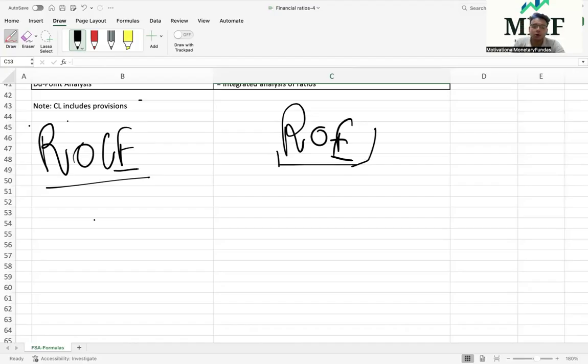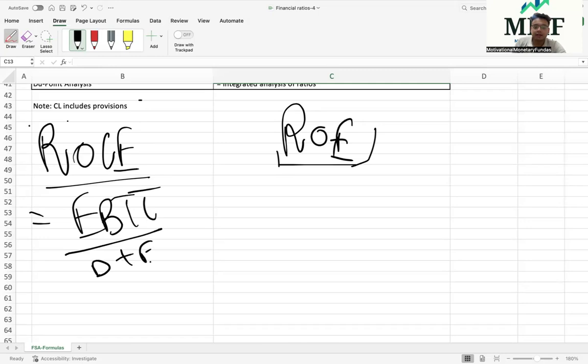Right? So if we are talking about ROCE, first I'll write down the formula. What is ROCE? In ROCE, you have the EBIT, earnings before interest and tax, divided by debt plus equity. And in the ROE, you have the PAT divided by the outstanding shares.